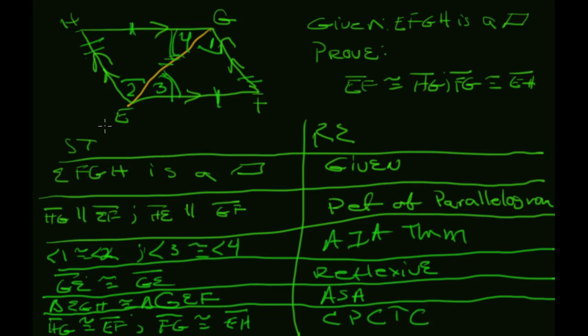Now, if you pay really close attention here, you can see that H up here is a corresponding part to F, which means that these opposite angles must be congruent. Now, had I done this whole proof and drawn the other diagonal in, I would be getting that G and E are congruent. So what we've just established there, without any additional proof, is that the opposite angles of a parallelogram are also congruent.